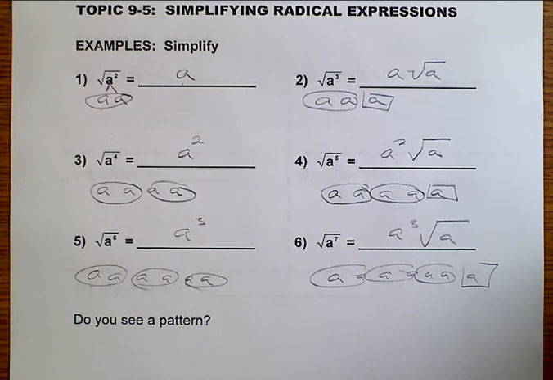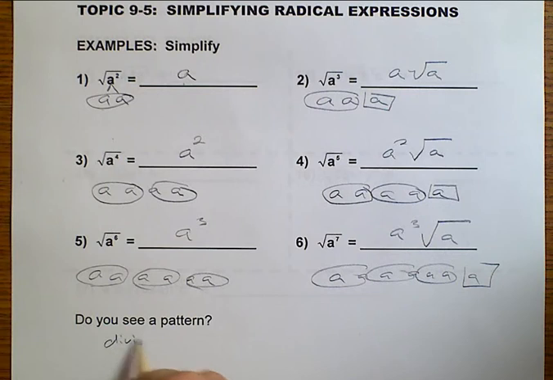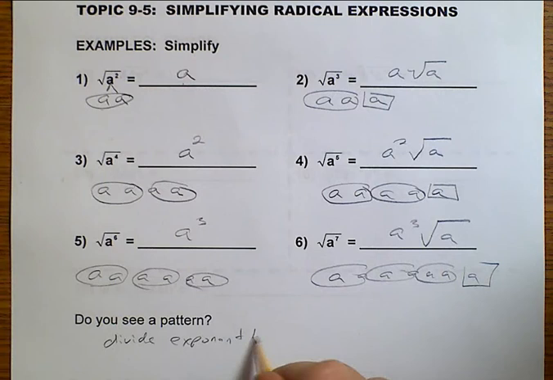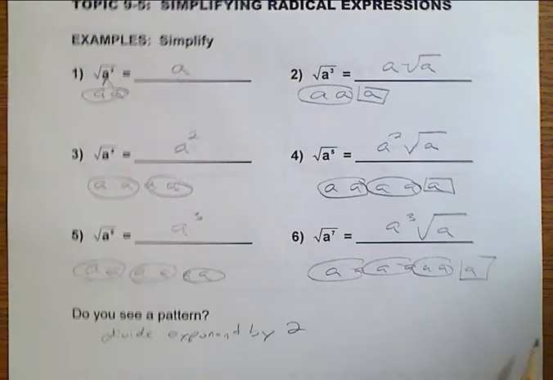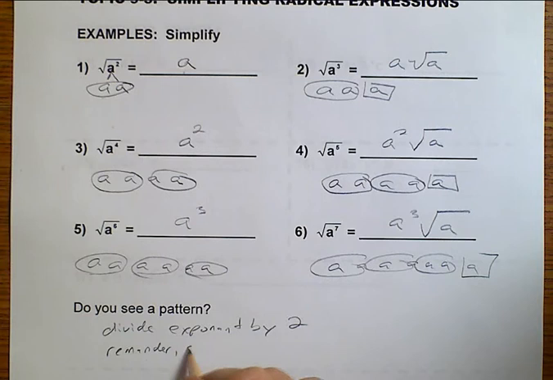What we've done is we take our exponents, 2, 4, and 6, and divide by 2. Divide the exponent by 2, and if there's a remainder, it stays under the radical.